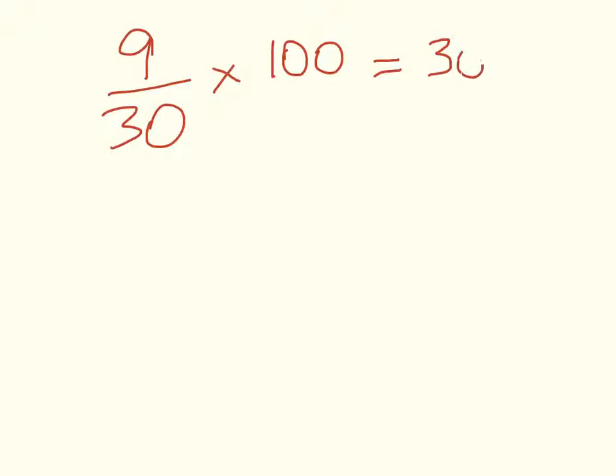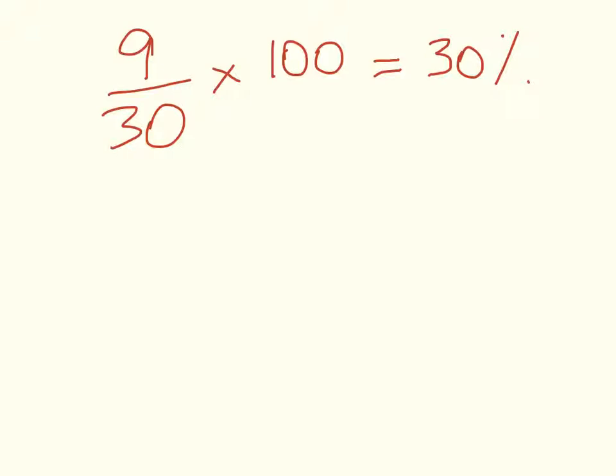So we've got 9 out of 30. If I put that in my calculator, I'll get a decimal. And then I just times it by 100. Okay, so 9/30ths, and that will equal 30%.